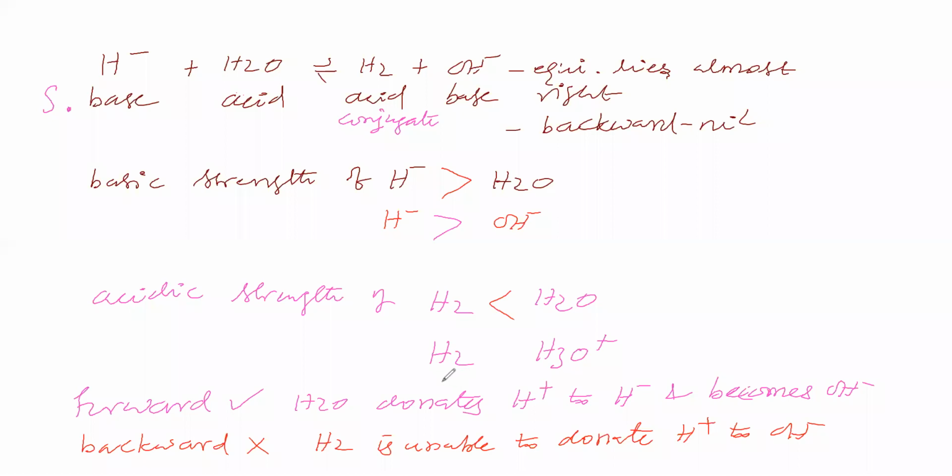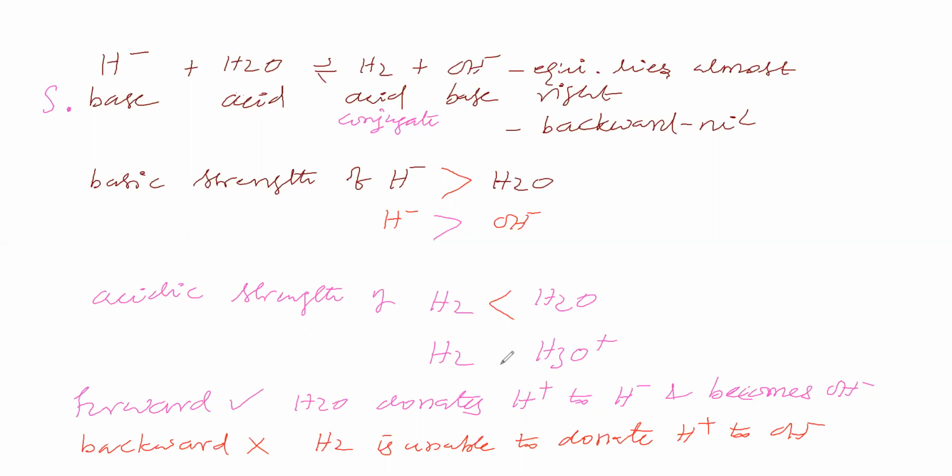Now say, acidic strength of H2 and H3O plus. H2 has acidic strength even less than water, so how will the acidic strength of H2 be when compared to H3O plus? Will H2 be less or will H2 be higher?